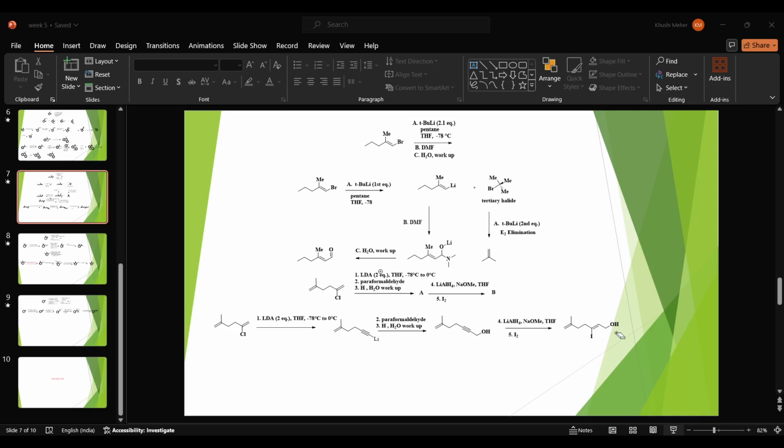I will explain how the iodine will come. That's when the reduction will happen. First, what will happen? The aluminum will bind with our propargyl alcohol. This alcohol group will always help to reduce our alkyne.